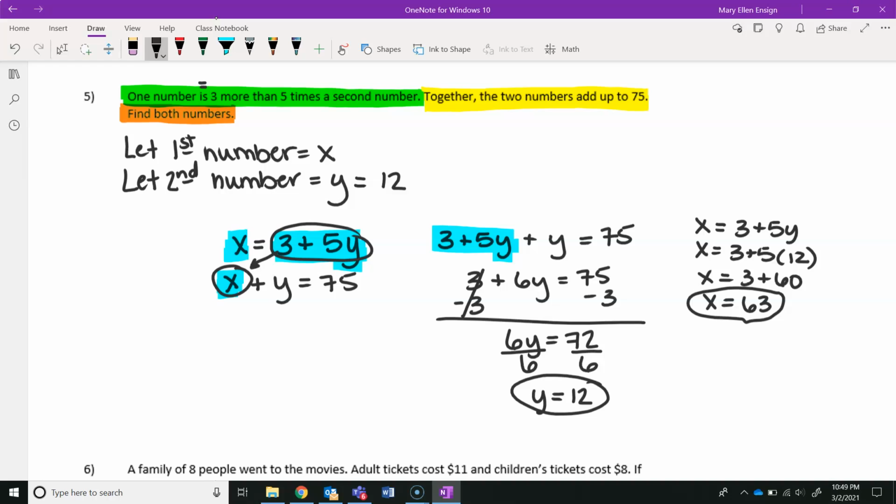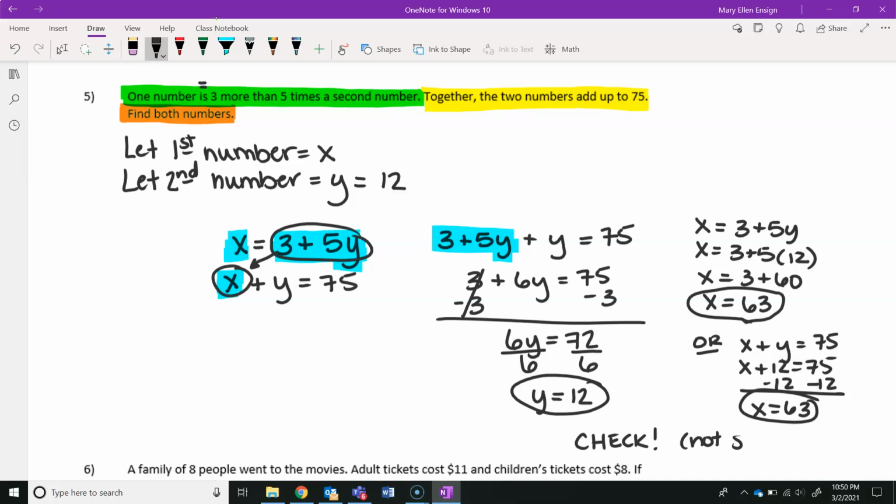Okay. You could also have used the other one. So you could say x plus y equals 75, x plus 12 equals 75, subtract 12 from both sides, and I still get x equals 63. Okay, either one.